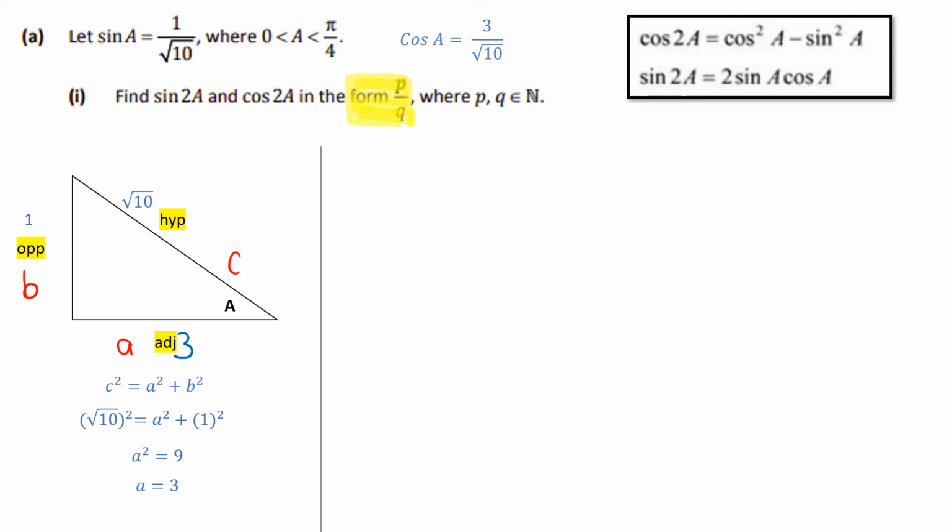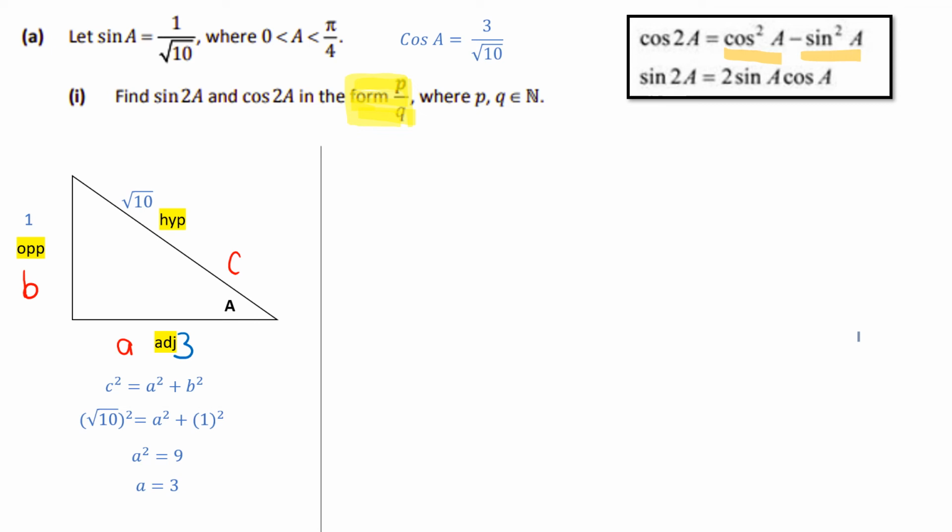Working in this way, in my log tables on page 14, I have two formulas, one over the other, one for cos 2a, which is cos squared a minus sine squared a, and the other which is sine 2a, which is equal to 2 sine a cos a. Now just to remind you, cos squared a and sine squared a is our notation for saying cos A all squared, sine A all squared.